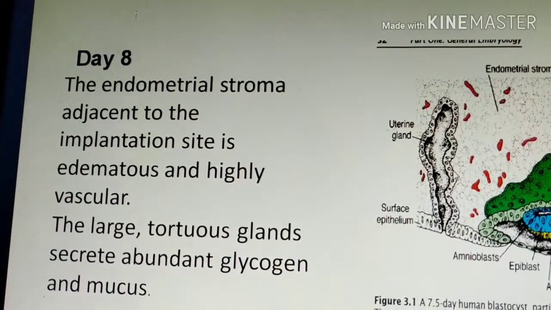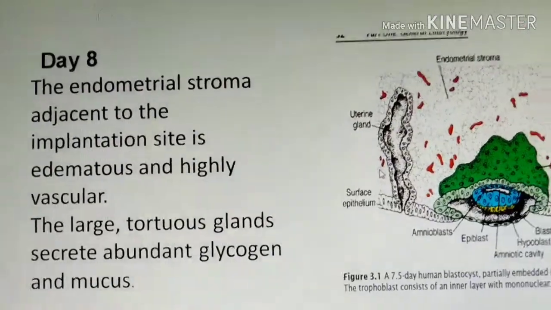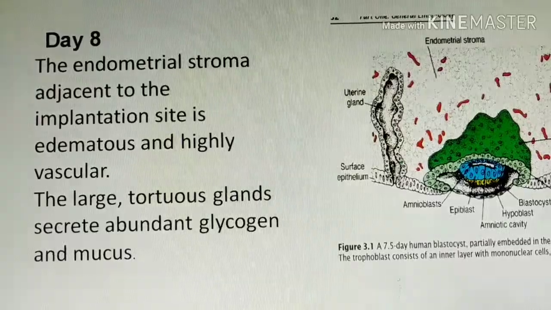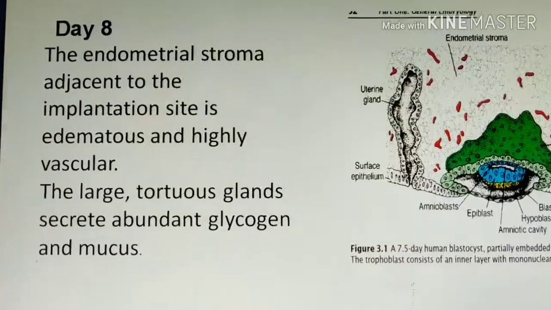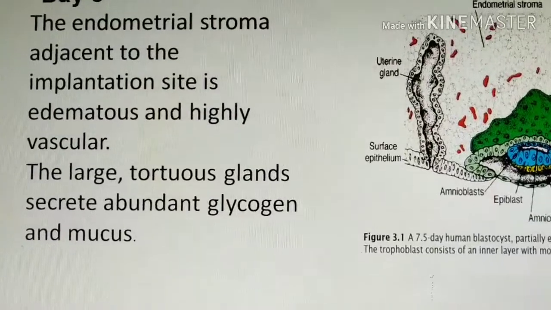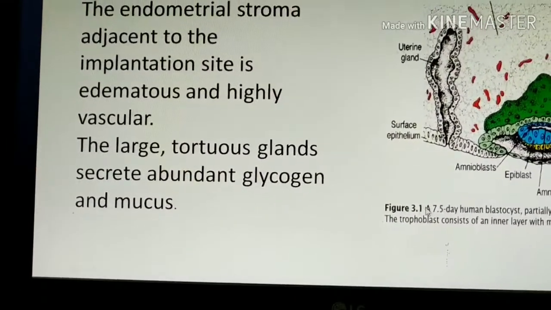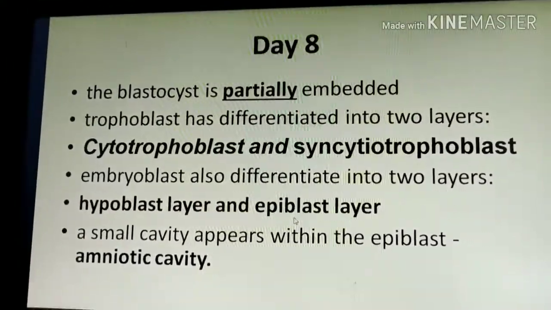The glands are tortuous and large, and they secrete abundant glycogen and mucus. These are the uterine glands. They secrete abundant glycogen and mucus for nutrition of the embryo. Day 8.